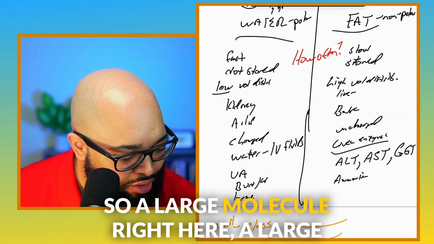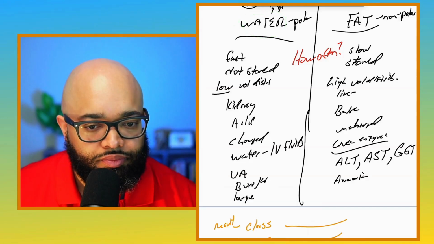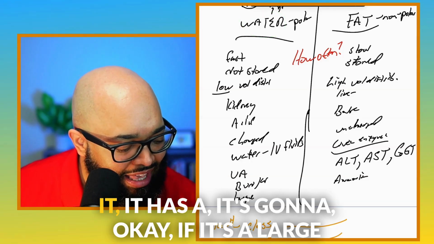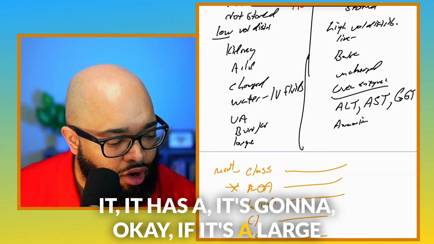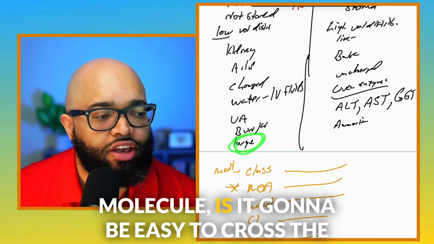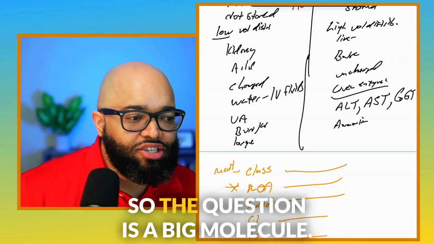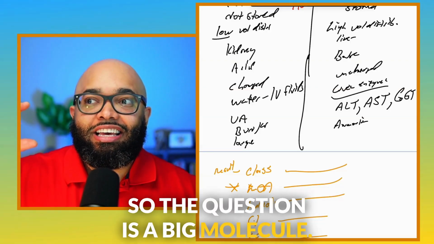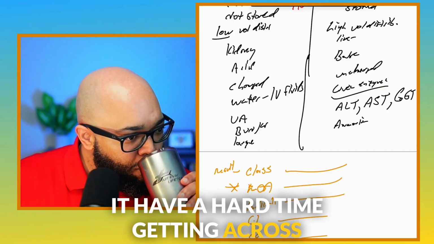So, a large molecule right here, a large molecule that's water soluble. If it's a large molecule, is it going to be easy to cross the membrane or hard to cross the membrane?